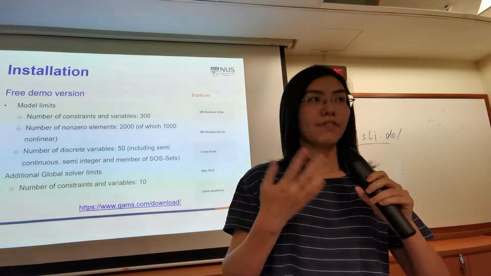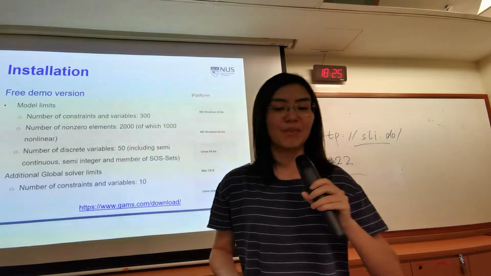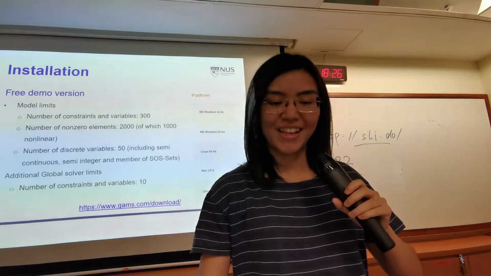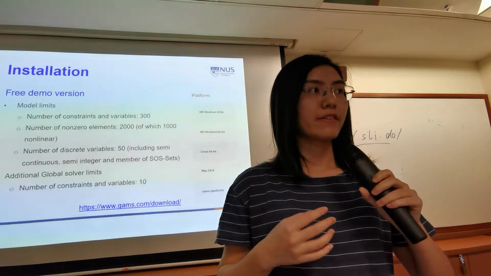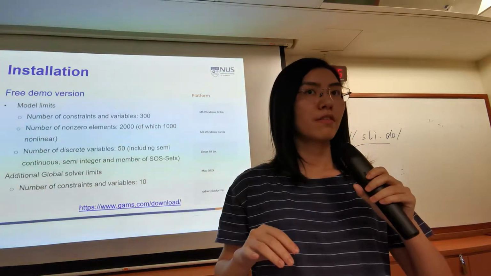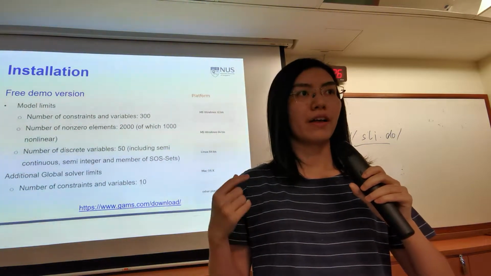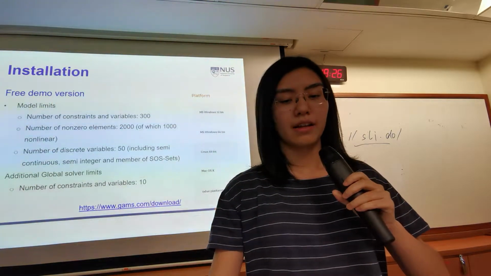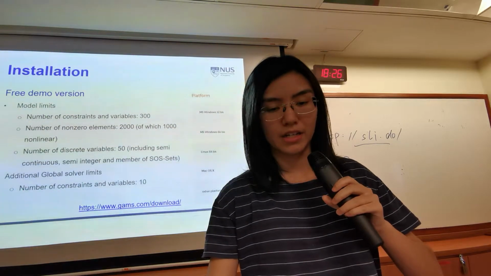Otherwise, after you finish coding, you'll find that the demo version is not able to solve the problem. But if you cannot solve it, there is another online website where you can solve nonlinear problems and complex problems. I will show you later.